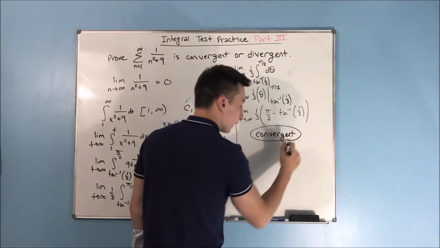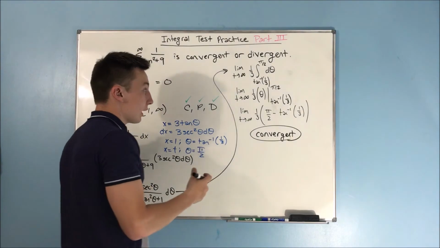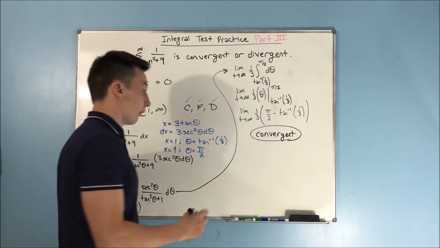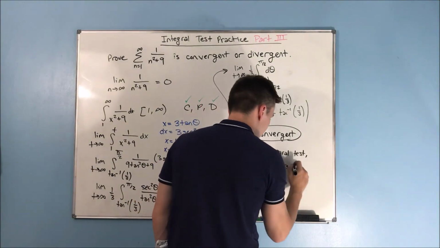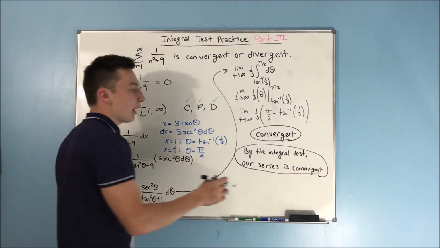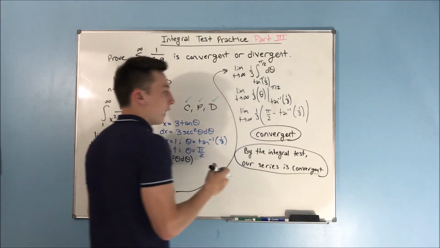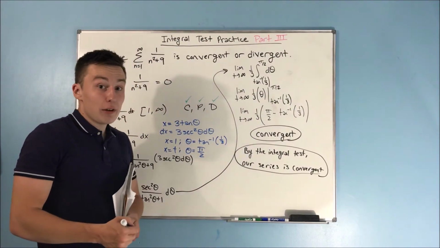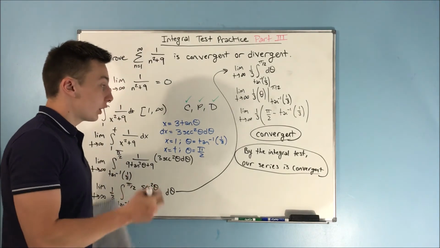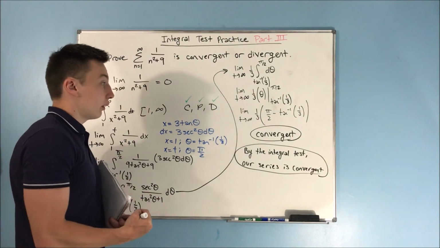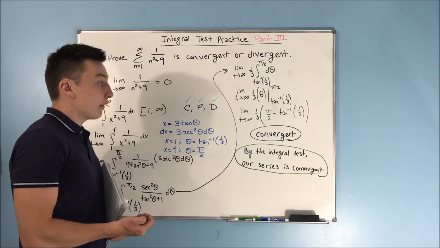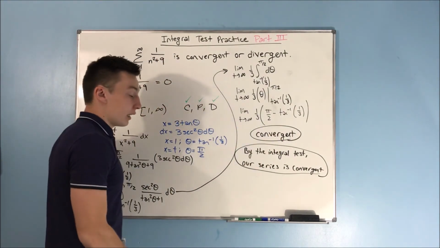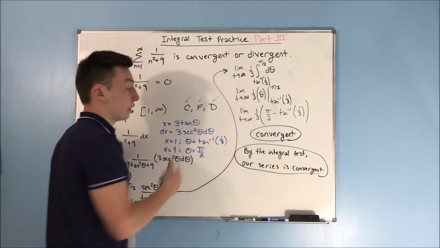Since this integral is convergent, by the integral test our series is convergent as well. It didn't really matter what the exact number for tangent inverse of 1/3 was. As long as we know it's a finite value, we can say without a doubt that this is convergent. So by the integral test, our series is convergent.